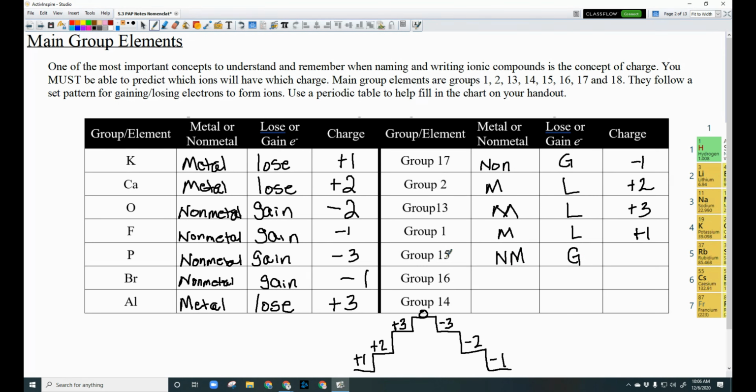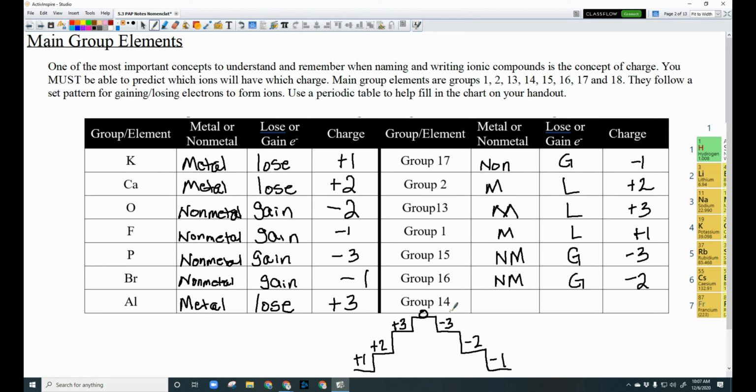They have 5 now. So they're going to gain 3 electrons. Okay, 3 electrons, those are negative, so it's a -3. Group 16, nonmetals. They're going to gain electrons up to 8. They have 6 now. So they're going to gain 2, -2 charge.